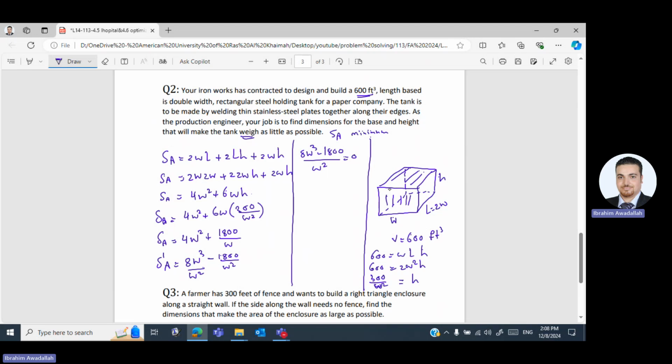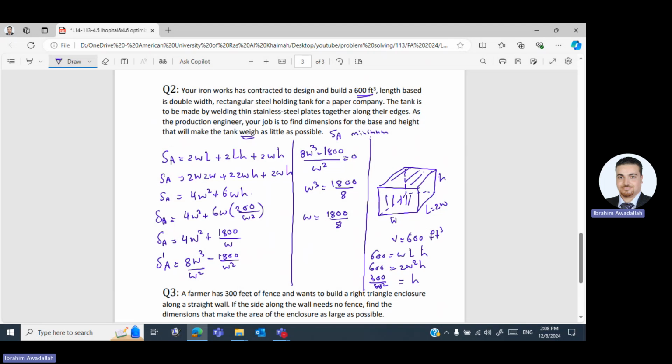You know, W equals 0? Yeah, that means we cannot make a box, or rectangular box. So we don't need to take W equal to 0, only solve the upper equation. W cubed equals 1,800 divided by 8, so W equals the cube root of 1,800 divided by 8.